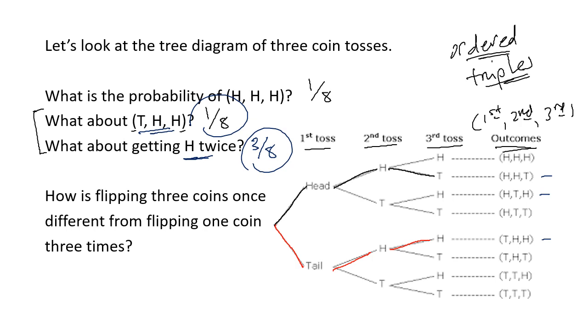Real quick, I want to talk about the difference between flipping 3 coins one time and flipping 1 coin 3 times. You'll notice in your book that when they flip 3 coins, the 3 coins are all different coins, like a penny and a quarter and a nickel. The reason is so we can see how the 3 outcomes are different. If we flipped 3 pennies, then it's going to be really hard to tell the difference between tails, heads, heads, this one, and heads, heads, tails.